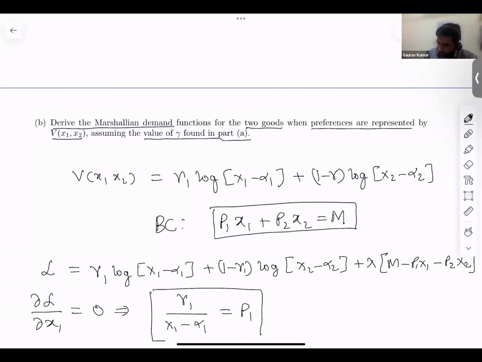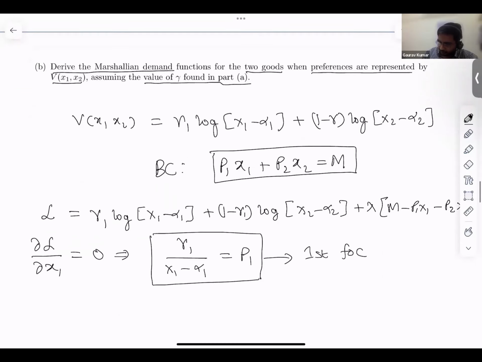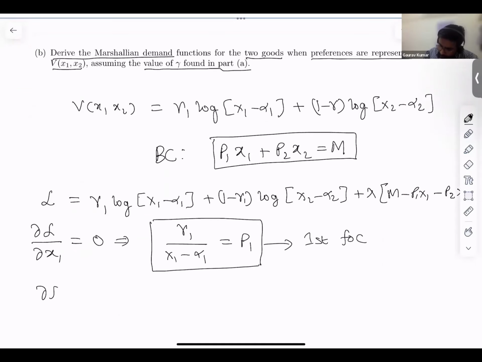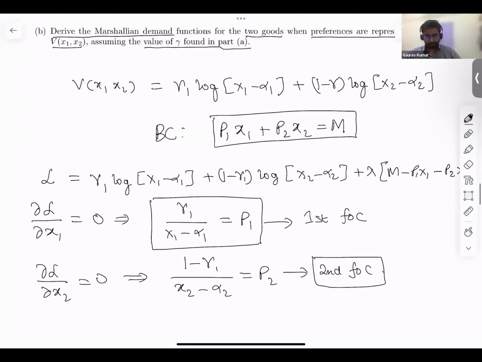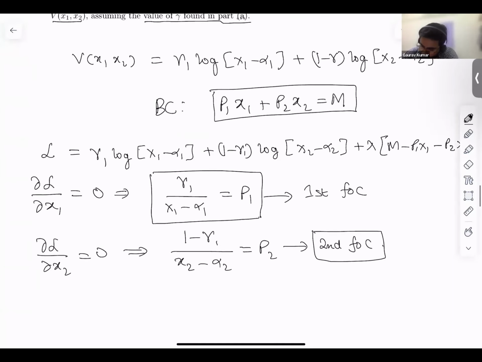this is the first order condition. And then you do it with respect to good 2 and you get this.